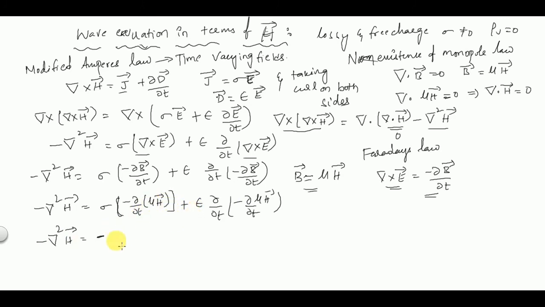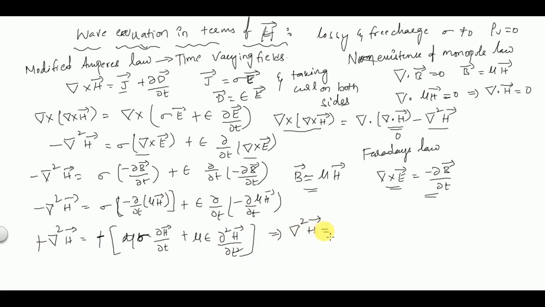Taking minus common in both the terms, we get minus of mu into sigma dou H bar by dou t plus mu into epsilon dou by dou t of dou H bar by dou t, which becomes dou square H bar by dou t square. In these two cases minus and minus get cancelled.